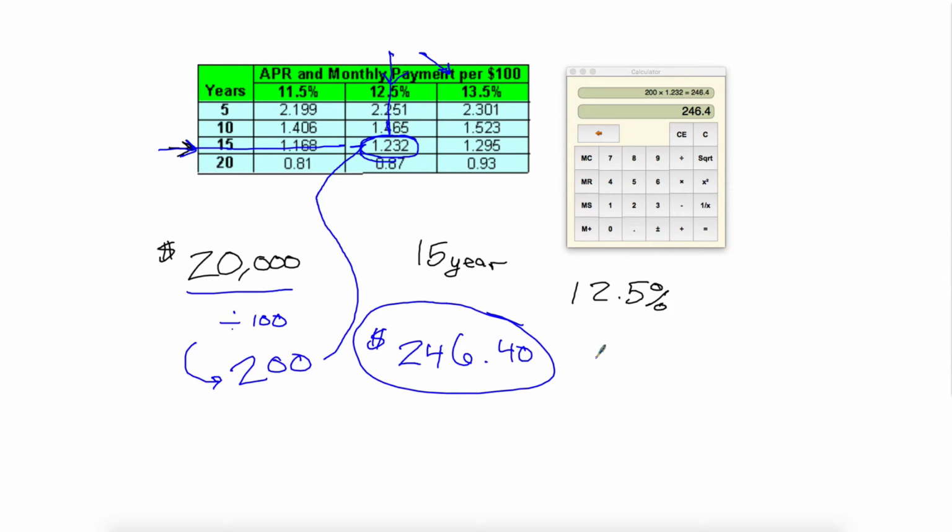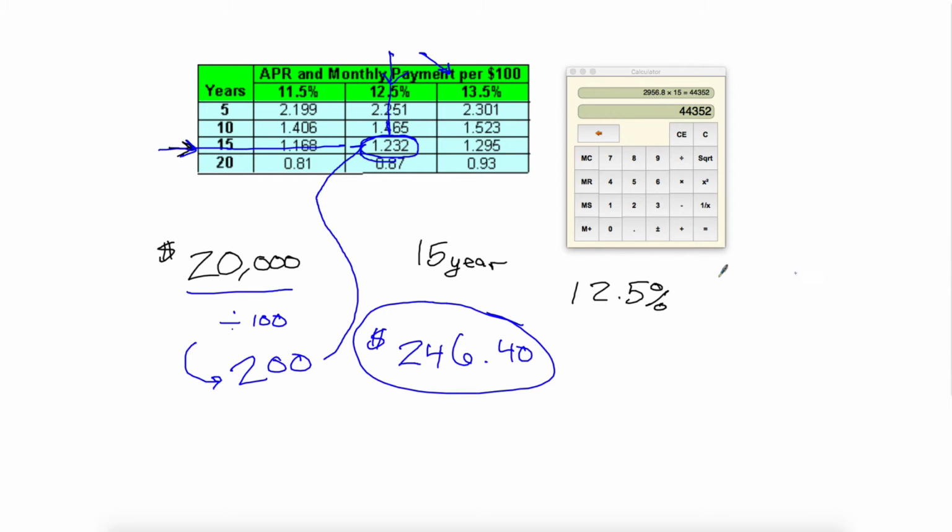Now, if we wanted to find out how much our total payments and interest would be, we would just multiply that. 246.4 times 12 months in a year, that's how much we'd pay every year, times 15 years, enter.